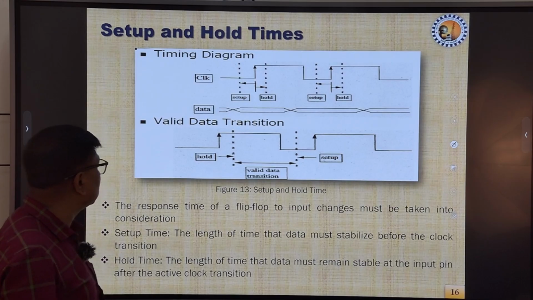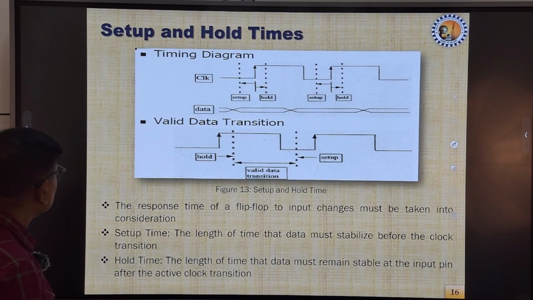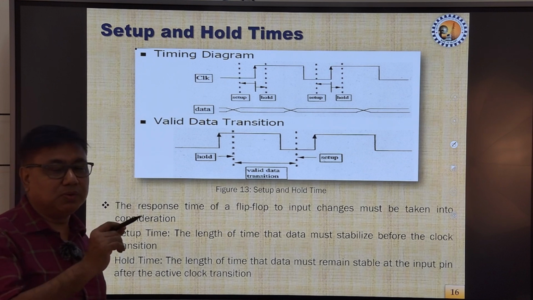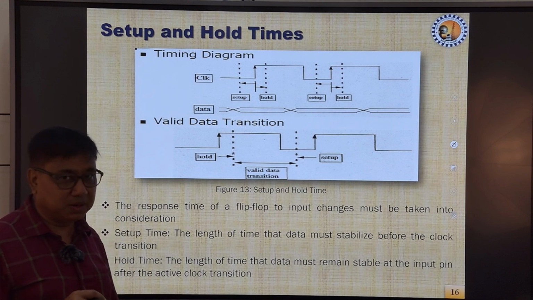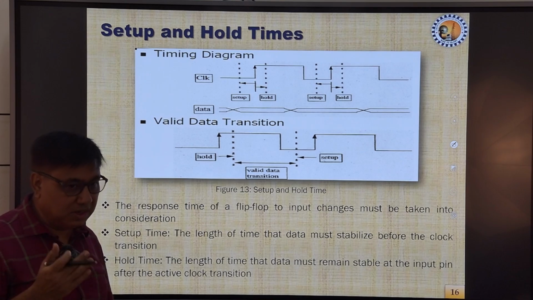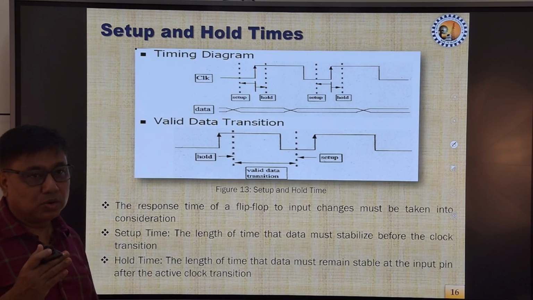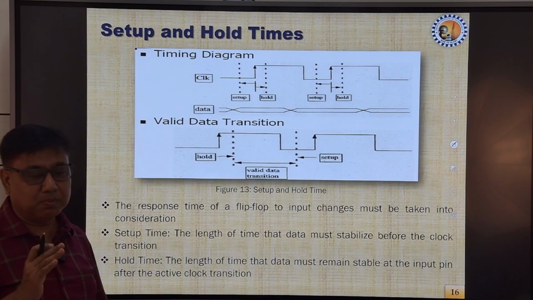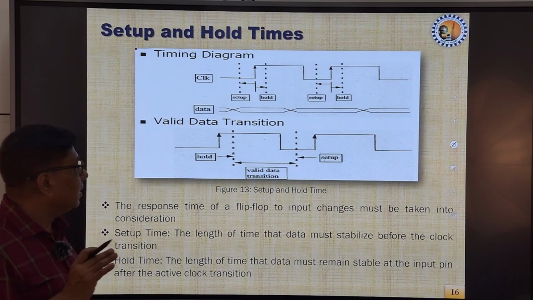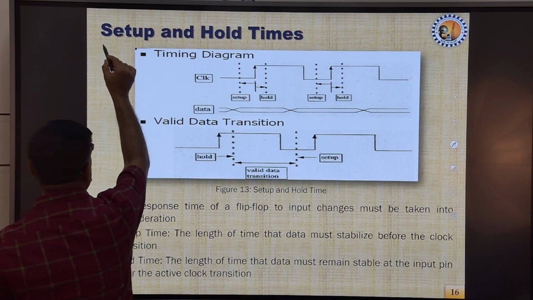Now, my dear students, we need to understand there are certain timing requirements which I was talking about in the initial remark, because when we deal with sequential circuits, we need to keep this in our mind, so that we understand the setup time and hold time criteria.